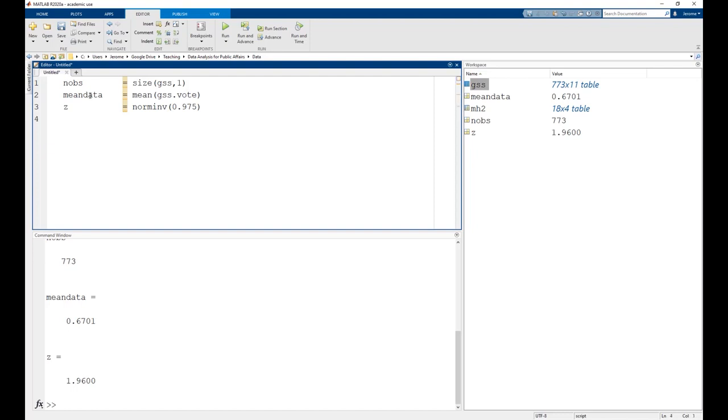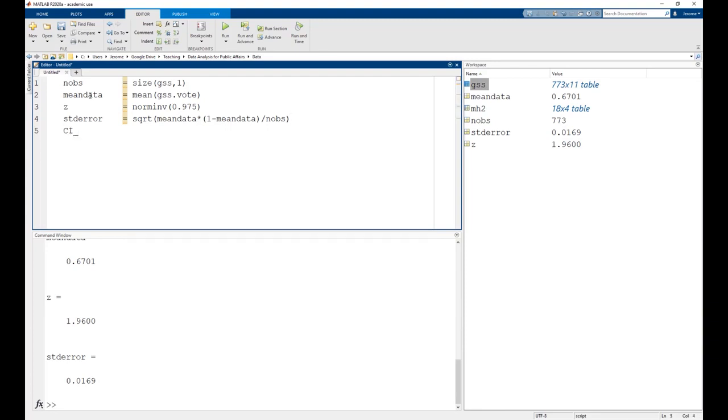Now, to calculate the standard error, we take the square root of the mean data times 1 minus mean data divided by the number of observations. And here the standard error is 0.0169.